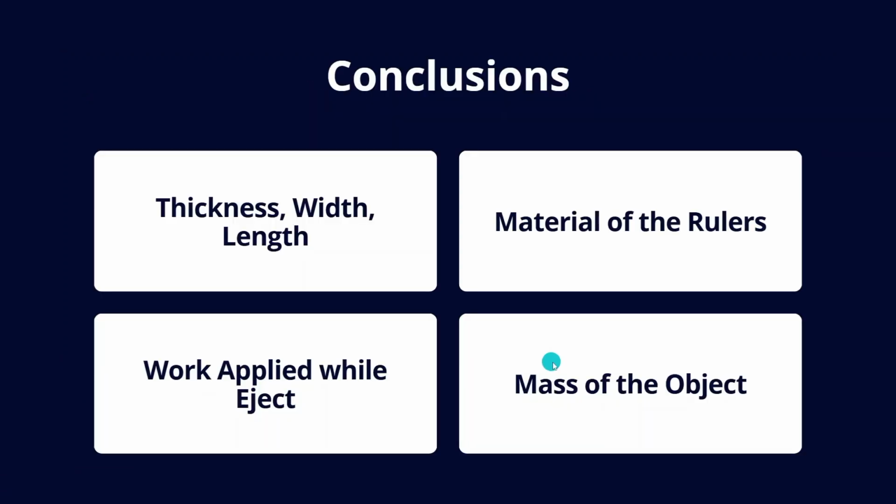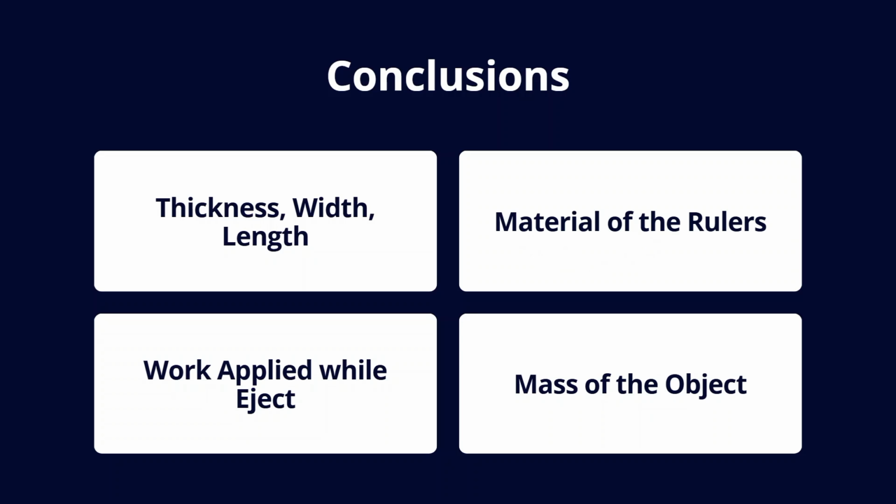Then in conclusion, the parameters that affect the velocity of the ball are first thickness, width, and length, which affect the area moment of inertia of the rulers, and that area moment can affect the E value, or the Young modulus value, along with the type of materials that the rulers are made of.